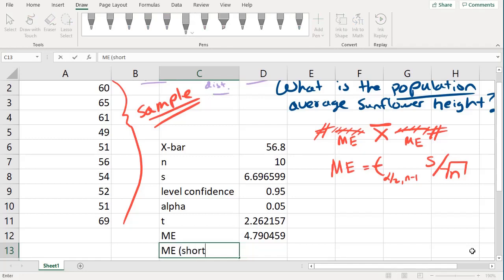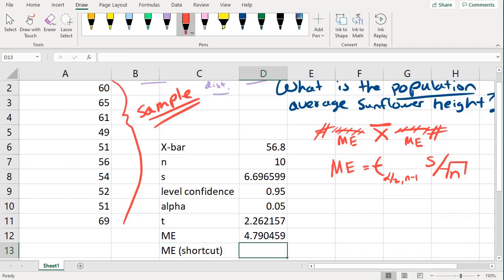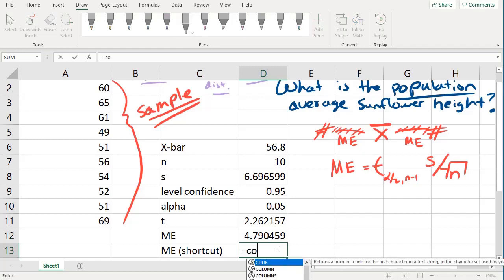The shortcut method for doing this is to use this, equals CONFIDENCE.T. There it is right there. CONFIDENCE.T. This is the shortcut method. Okay, it wants alpha, which is this guy.